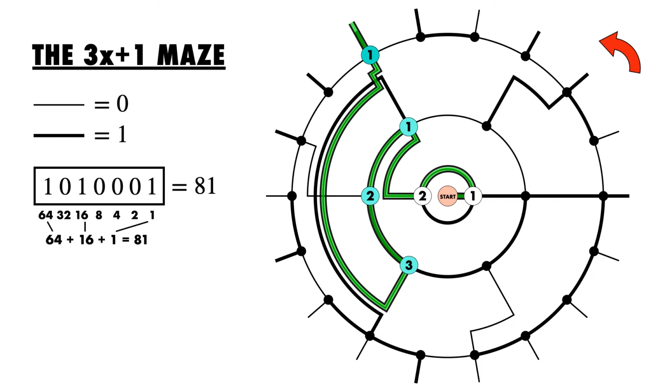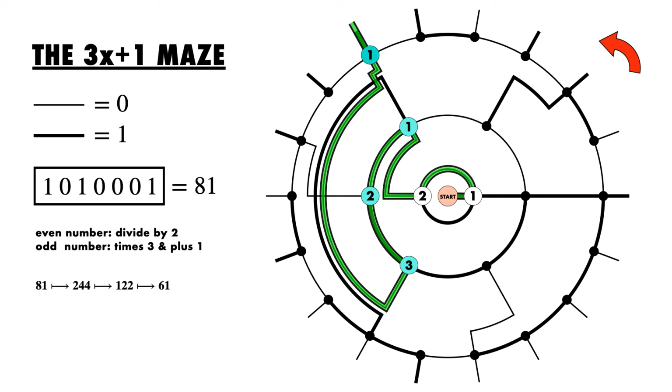And in the 3x+1 problem, we do the following. If we have an even number, we divide by 2. And if we have an odd number, we multiply by 3 and we add 1. 81 is odd, so we multiply by 3 and we add 1, which is 244, which is even, divided by 2, 122.